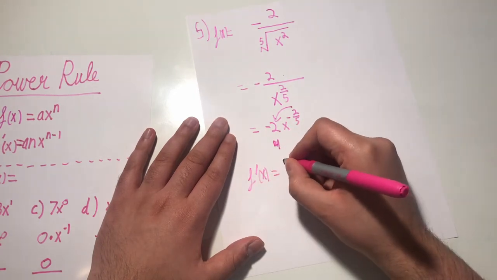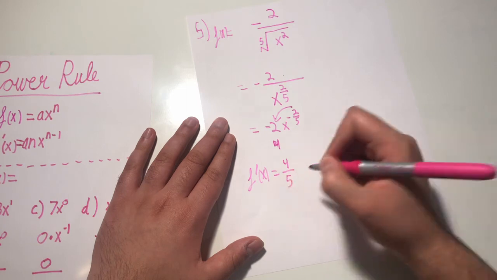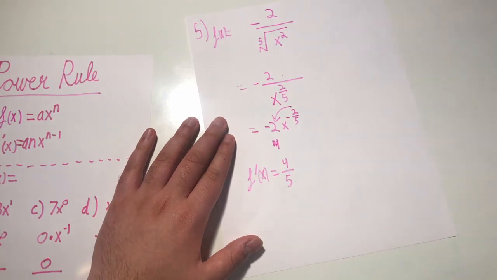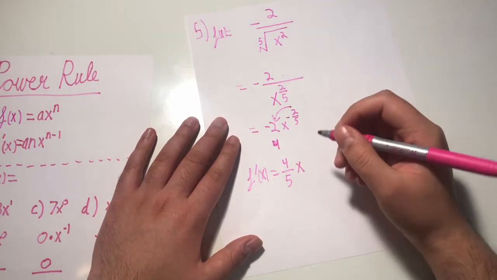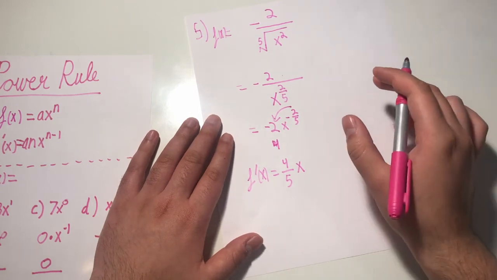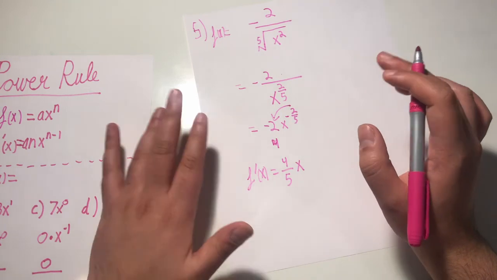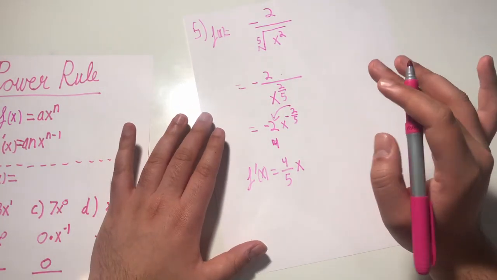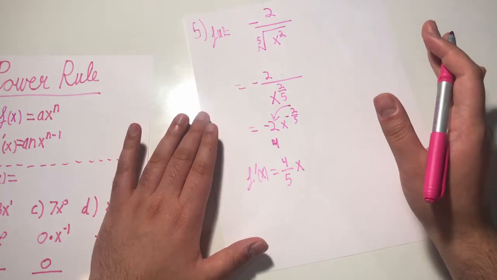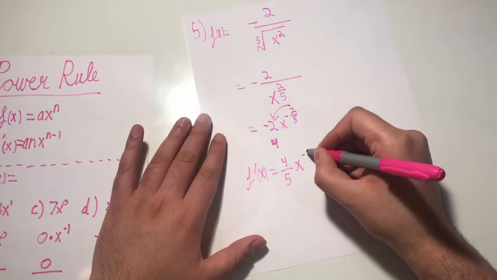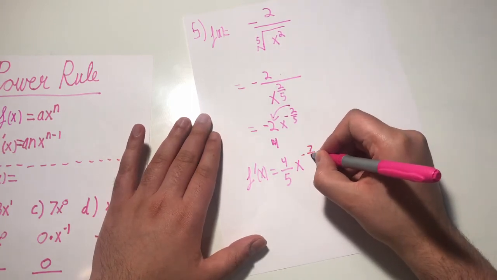That's going to be positive 4 over 5, and now that's multiplied by x raised to the negative 2 over 5 minus 1, which is the same thing as negative 2 over 5 minus 5 over 5, which is negative 7 over 5.